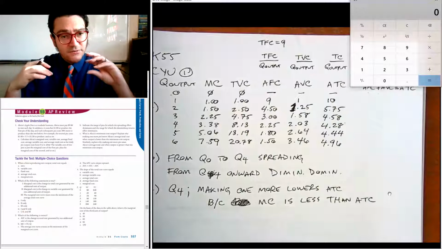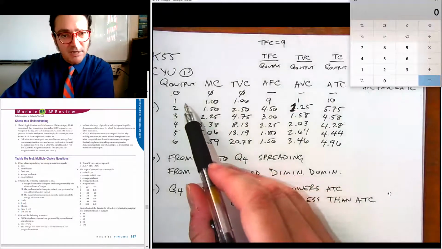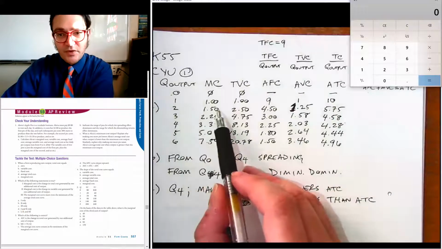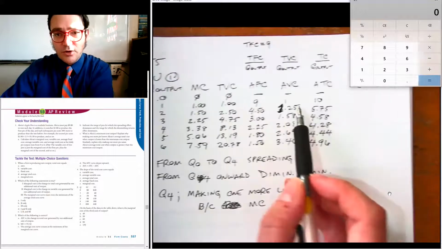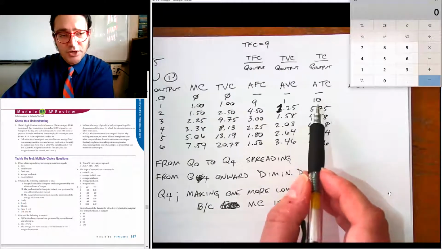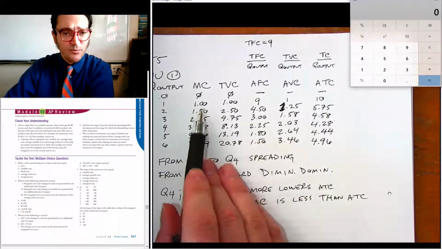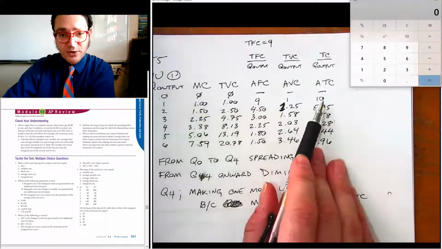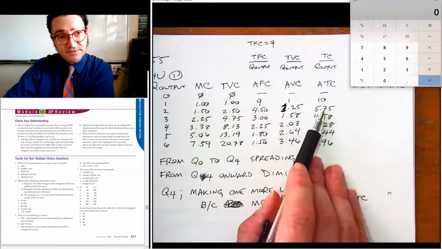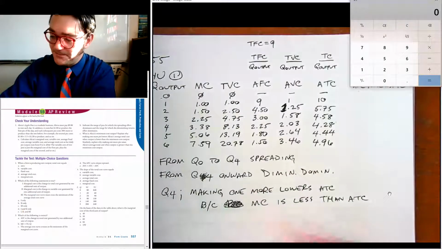So if you're below that quantity 4, so if you're in these pies, pie 1, pie 2, pie 3, these units, 1, 1.50, 2.25, they're lower than the overall average. So adding one more pie, for example going from 1 to 2, costs you $1.50, and that's going to bring this average down from 10 to 5.75. And that's because the marginal cost is less than the ATC.